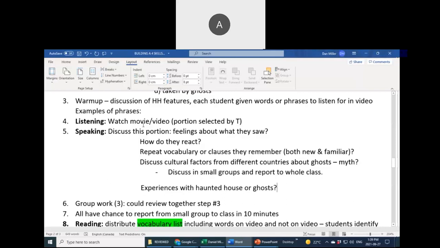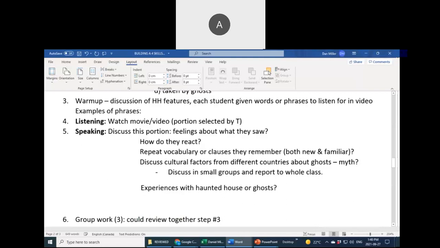So they might not have had any experience with ghosts, but they might have had experiences where they were scared by what they thought was a ghost, and they can talk about it, of course. Any other questions that we can ask them to discuss? These are good questions because these will work at any proficiency level.